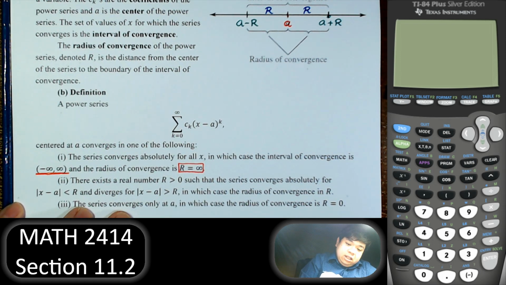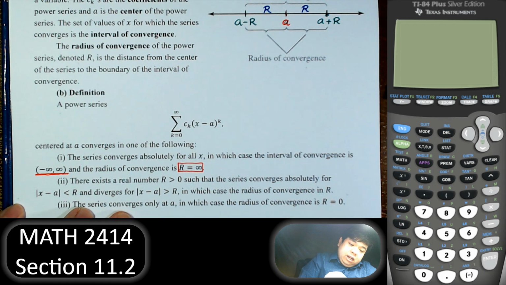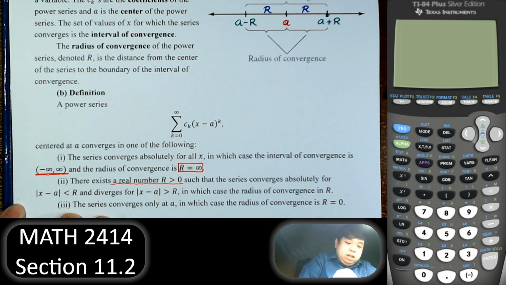Next, we have the radius of convergence being some positive real number. In that case, we have this interval.